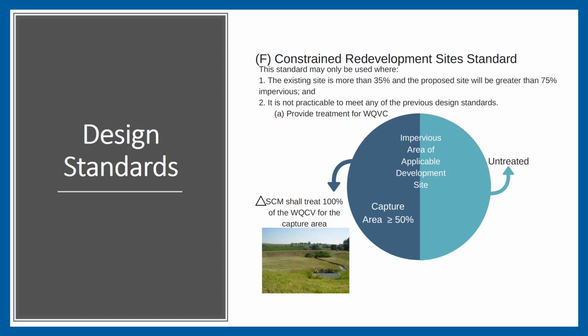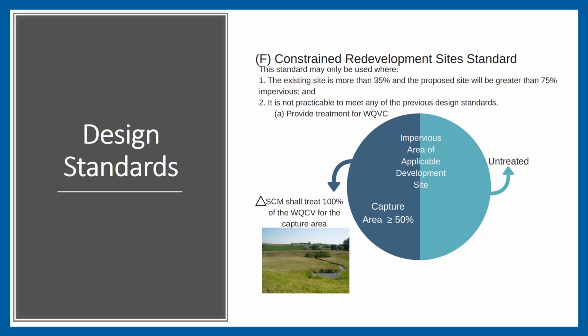You have to satisfy those two conditions and document them, and also document why it's not practical to meet the previous design standards. Some municipalities may choose to not allow for this design standard, or they may allow for it in certain instances. But either way, you need to document why you're not able to meet previous design standards.